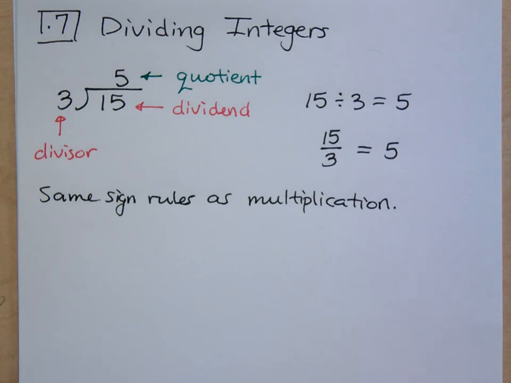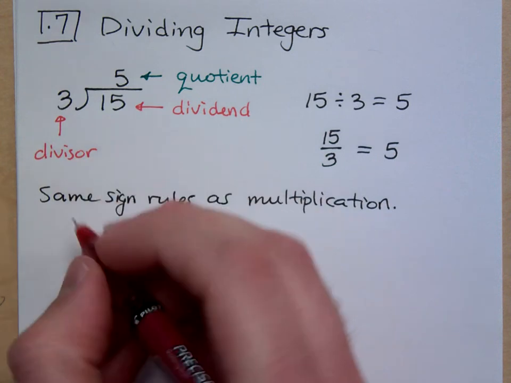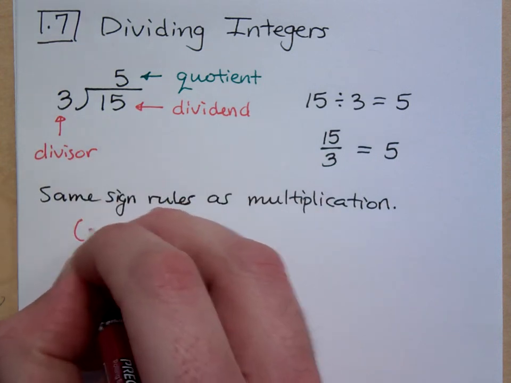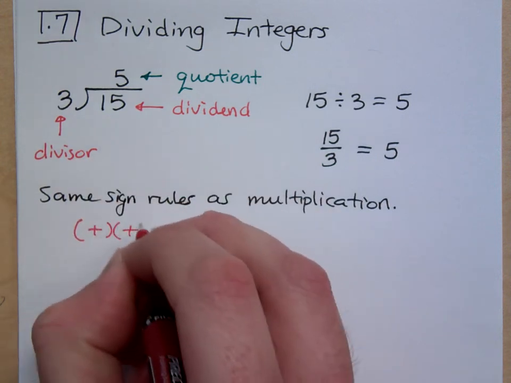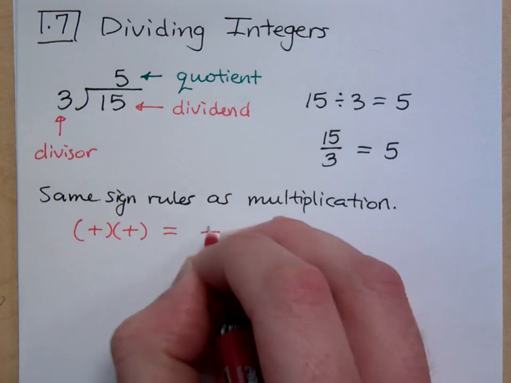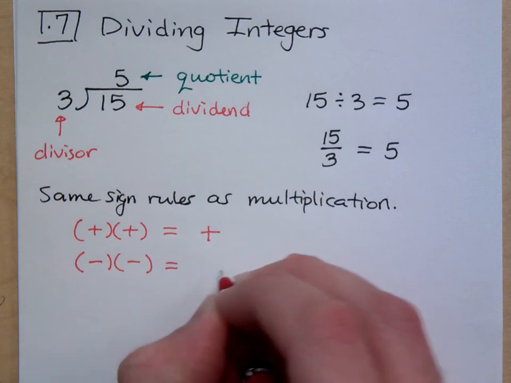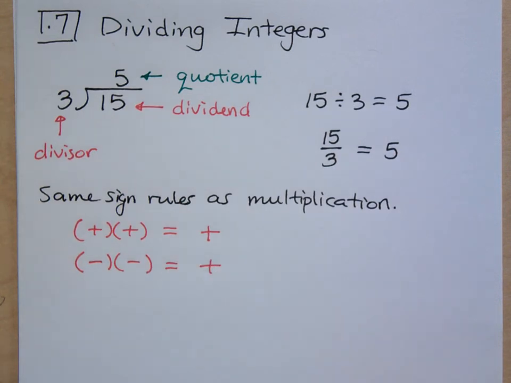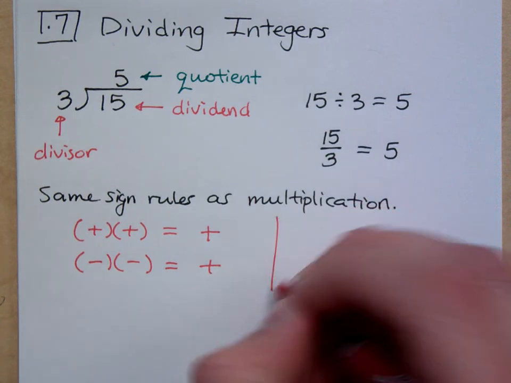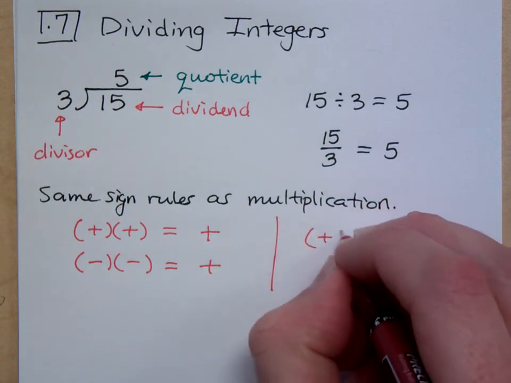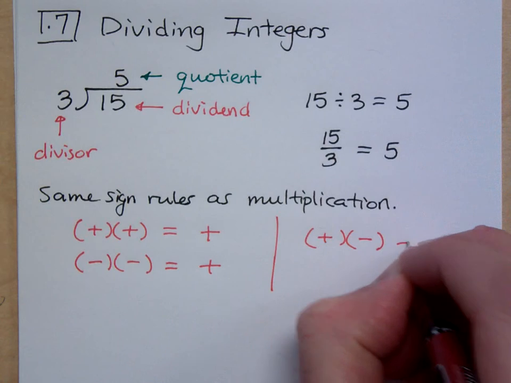All right. Let me remind you then. If you multiply a positive times a positive, what do you get? You get a positive. If you multiply a negative times a negative, what do you get? So if you multiply and you have the same sign, you end up with a positive answer, right? But if you multiply a positive times a negative number, what do you get?